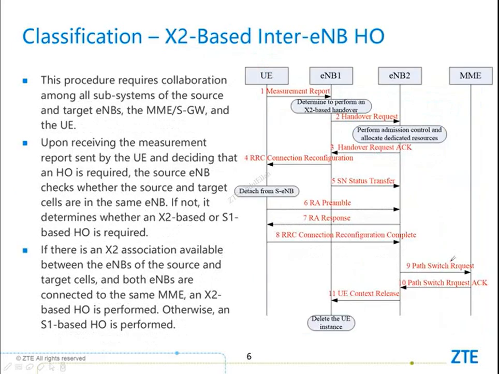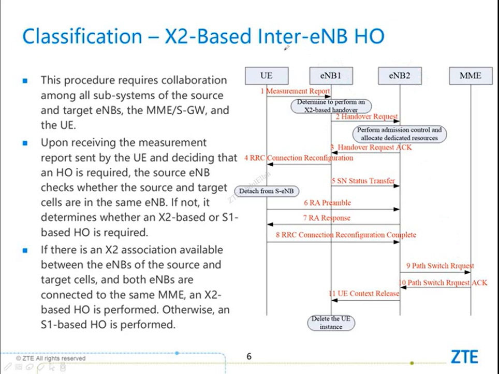Okay, the next type is inter-E-node-B handover. That means this handover happens between different E-node-Bs. For example, in this slide, the handover happens between E-node-B 1 and E-node-B 2. Inter-E-node-B handover also has two types.